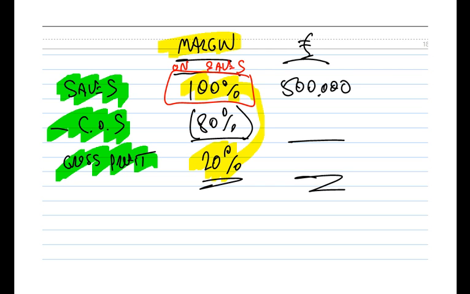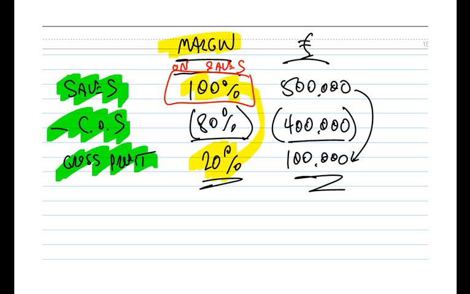And actually, because I know the cost structure, I can work out the other two figures, because gross profit would be 20% of the sales figure, and 20% of 500,000, so it's multiplied by 0.2, is 100,000 gross profit. What does that mean the cost of sales would have to be? Or what would you knock off to give 100,000? I'd have to knock off £400,000. Well, the other way to think of that is if you take the 500,000 sales and multiply by the 80%, you should get 400,000.